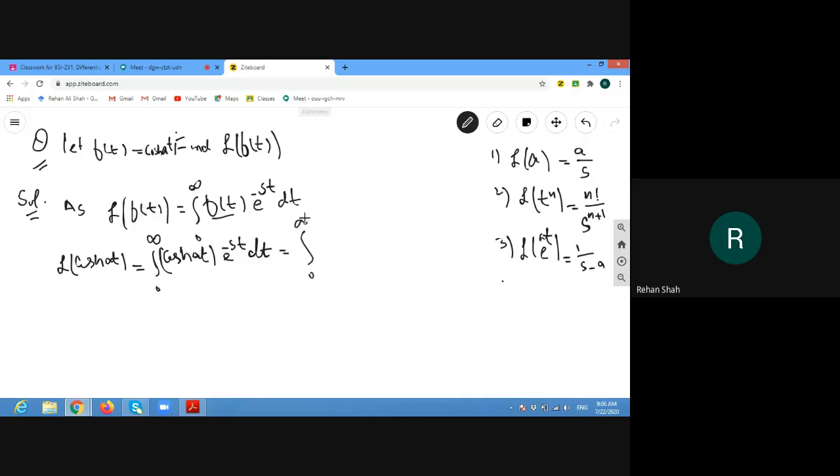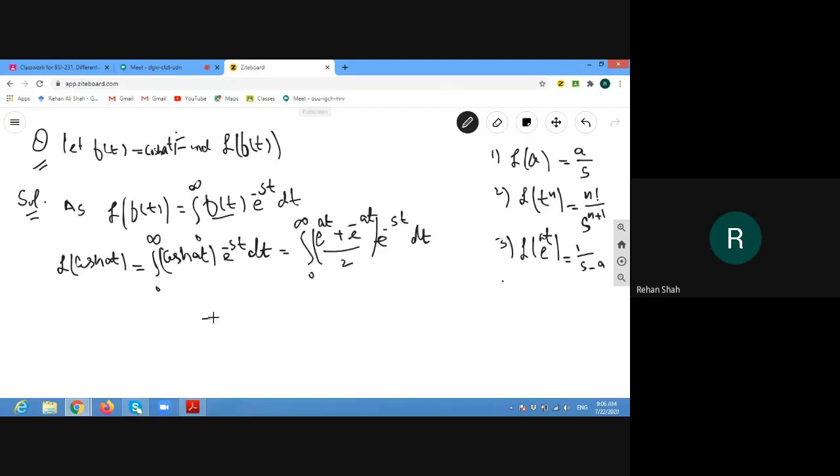If you remember, cos hyperbolic at is e power at plus e power minus at divided by 2. Do you remember this formula? Yes, sir. Okay.